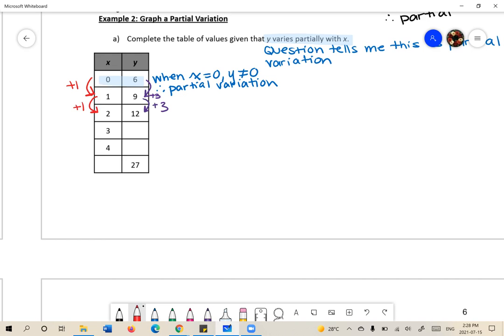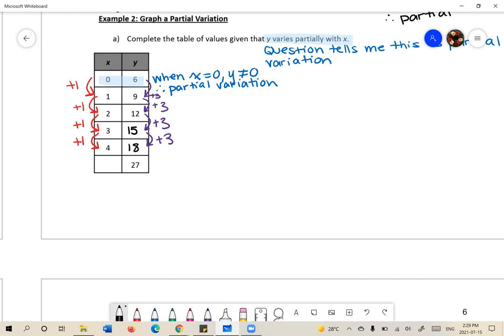As x increases by 1, y increases by 3, which means that this is 15. Moving on, as x increases by 1, y increases by 3. 15 plus 3 is 18.